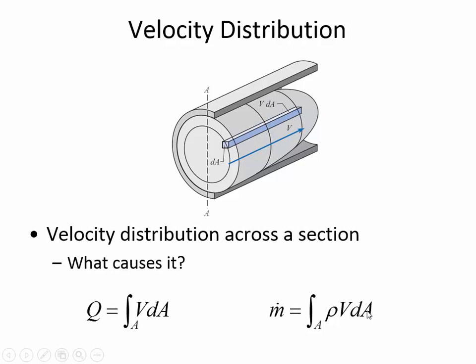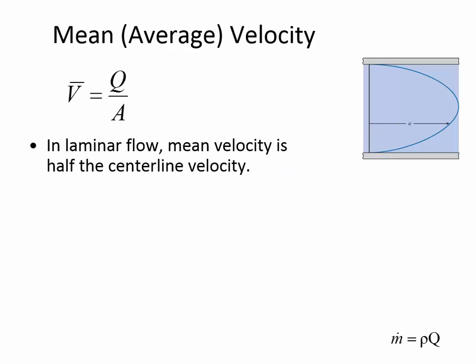And we can do the same thing with mass flow rate, where we're just throwing the density in and multiplying the volumetric flow rate by the density of the fluid. And so mean velocity is saying that we want to know, across the cross-section, what's the average. If you have a parabolic distribution like this, then it so happens that the mean velocity is half of the centerline velocity.